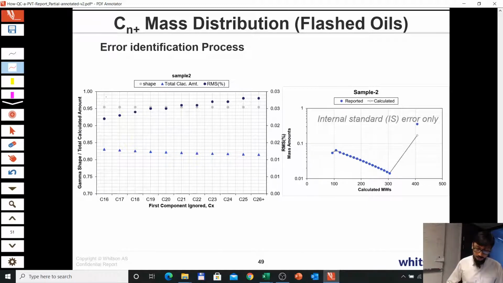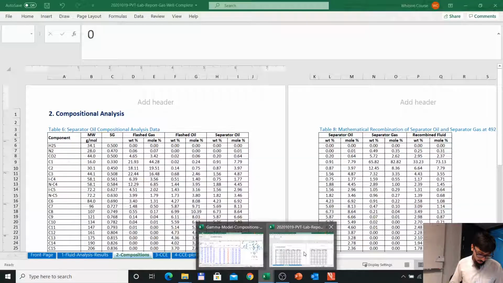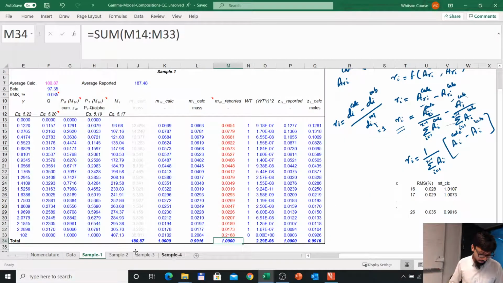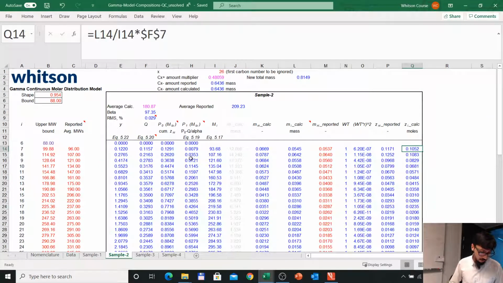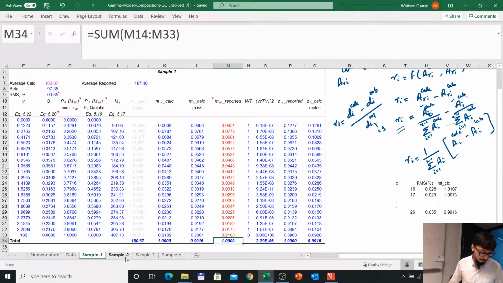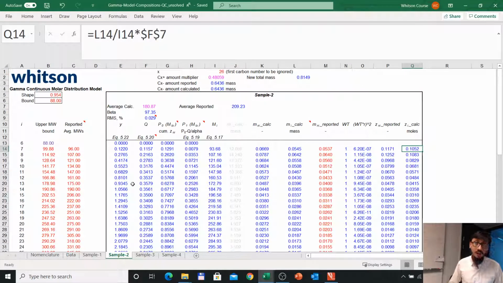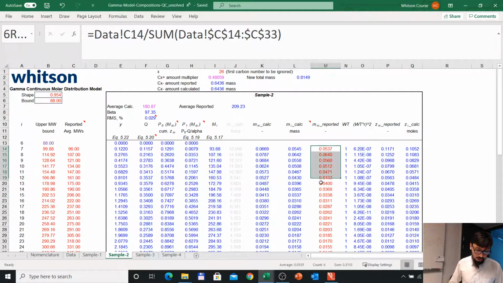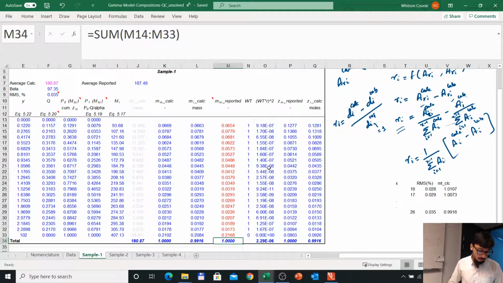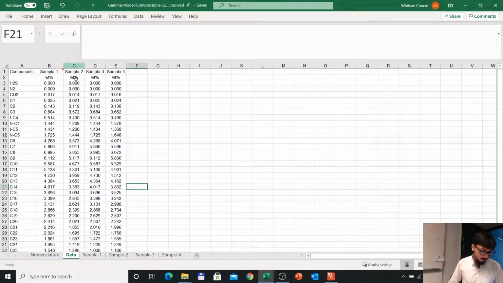If we do the same exercise, that's being done here, and the sample 1 sheet and sample 2 sheet are exactly identical. The only thing that's changed is these numbers here, which are now linked to column C. In the previous sheet, they were linked to column B. So we have the data for sample 2 in column C.